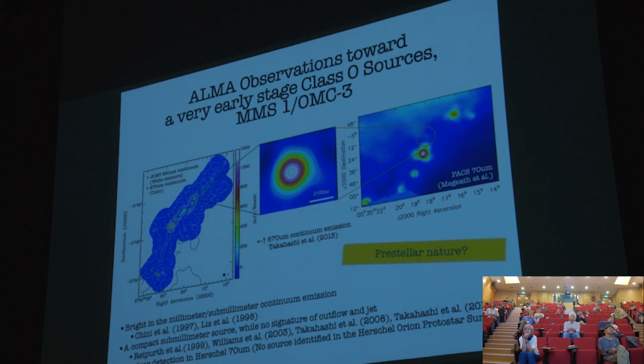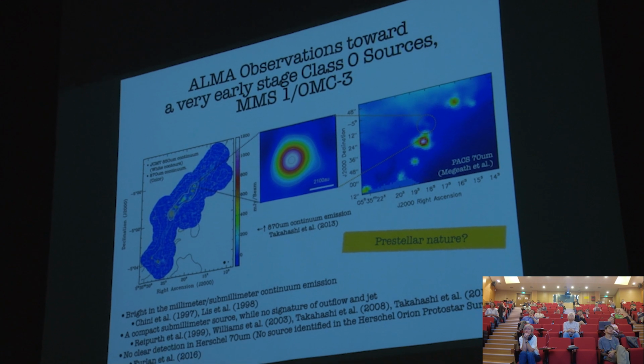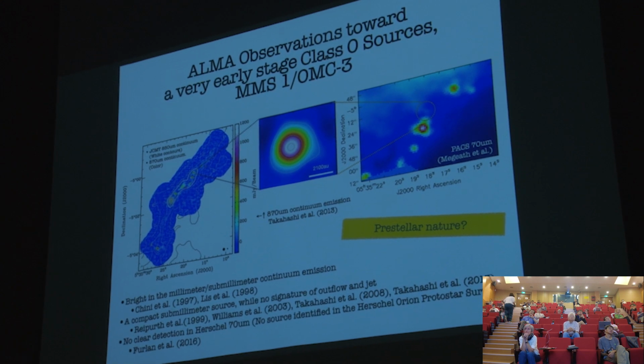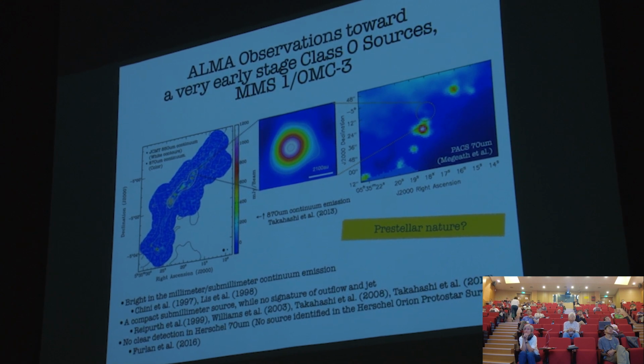Today I'd like to present a case study of a very young jet we have recently found from ALMA observations. The target name is MMS1, located in the OMC3 region. This is an 850 micron image obtained with the SMA, and we have found many interesting protostellar and prestellar cores.